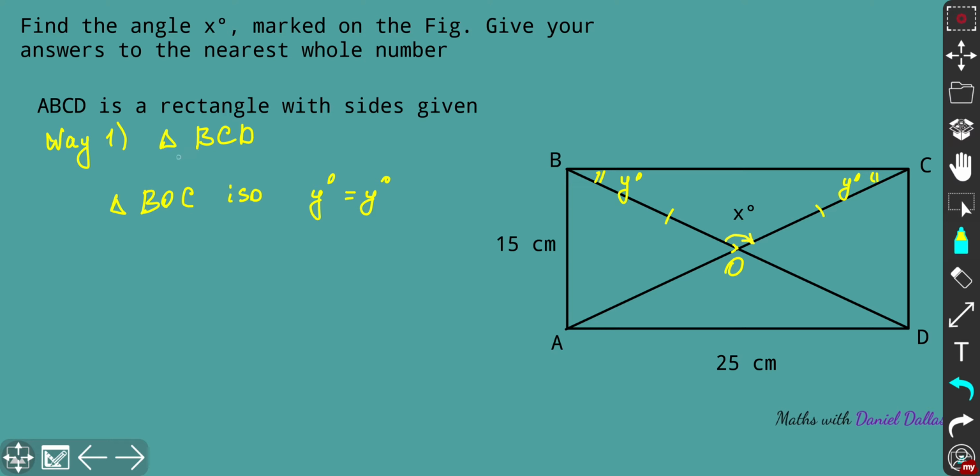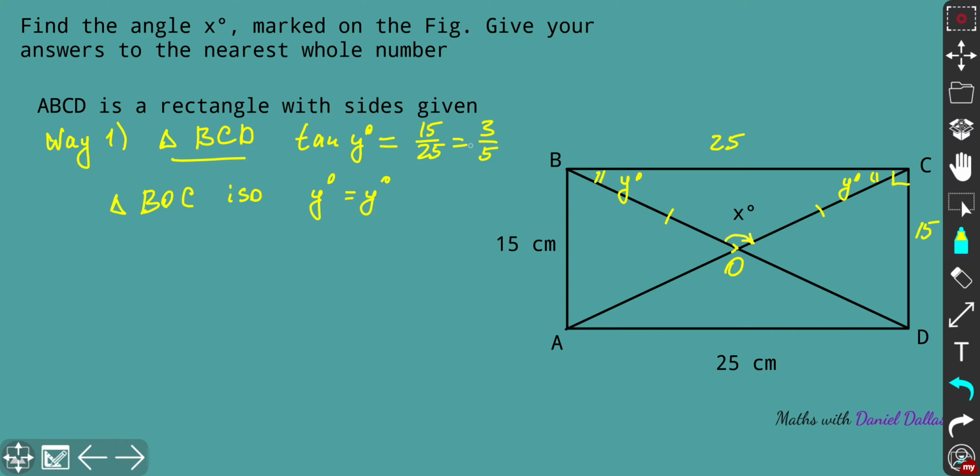And from triangle BCD, the big one, in which angle C is a right angle, we can express angle y. In this case, we are going to use tangent because we are given 15. Let's say this side is 15 and the top side is 25, due to the fact that this is a rectangle. So tangent of angle y is going to be 15 over 25, or the same as 3 over 5, it would cancel.